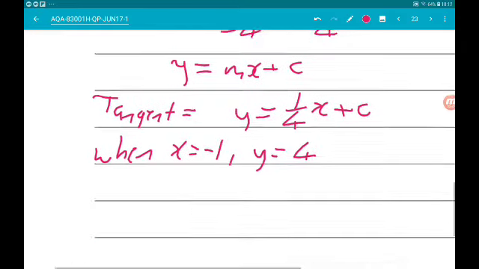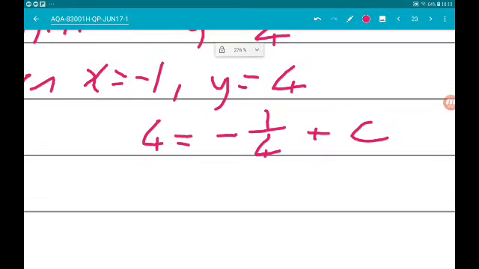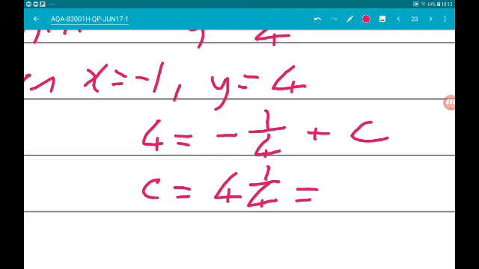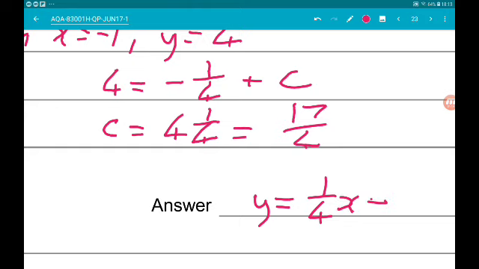So we get 4 is equal to -1/4 add c. So if we add the quarter, c is equal to 4 1/4, which we could write as 17 quarters. We don't need to, but we can. So the answer is y is 1/4 x add 17 quarters, or 4 1/4. Cool.